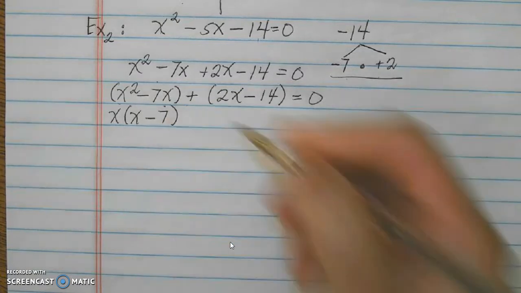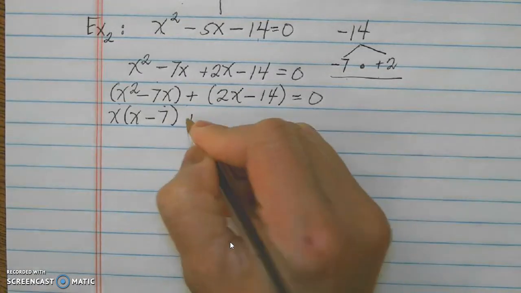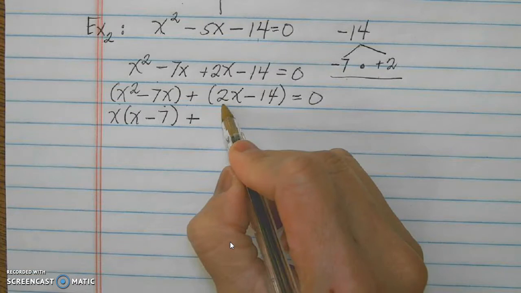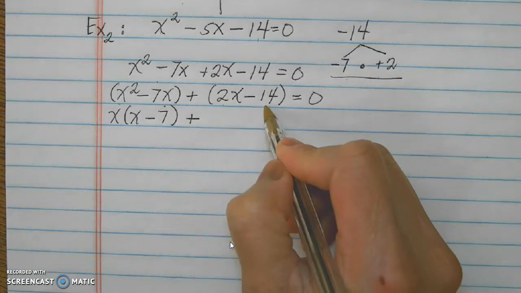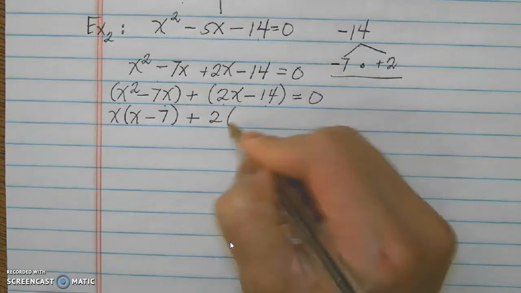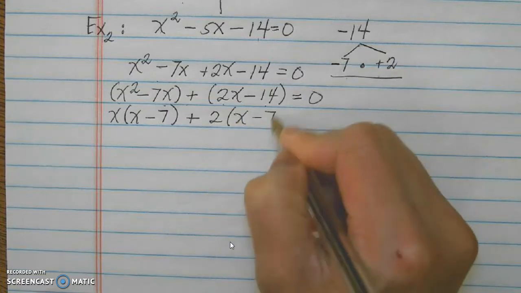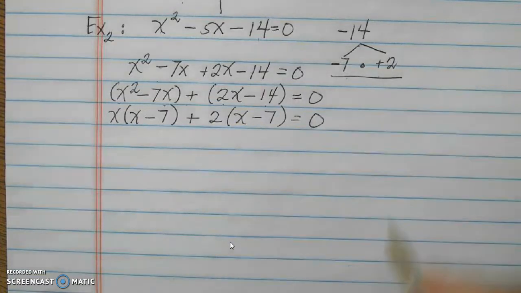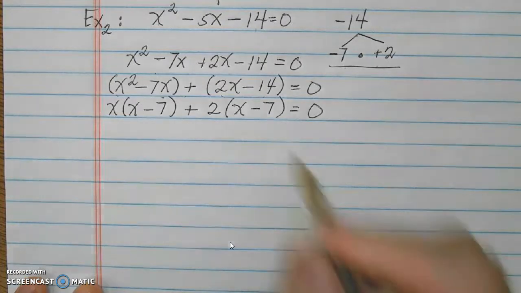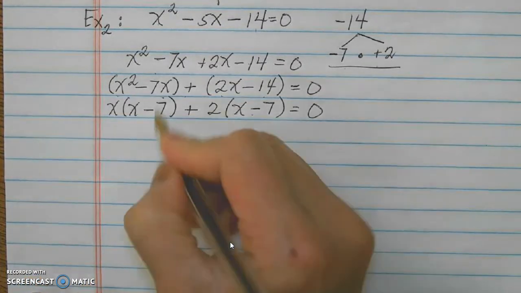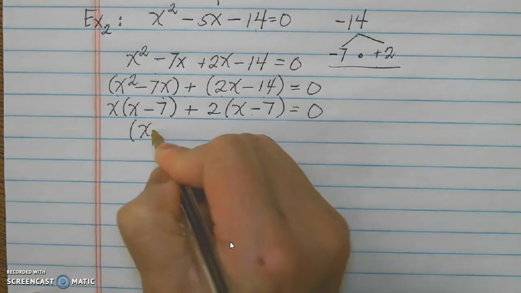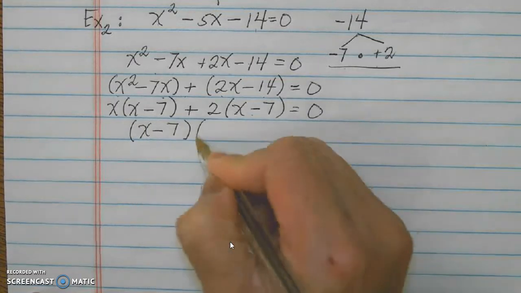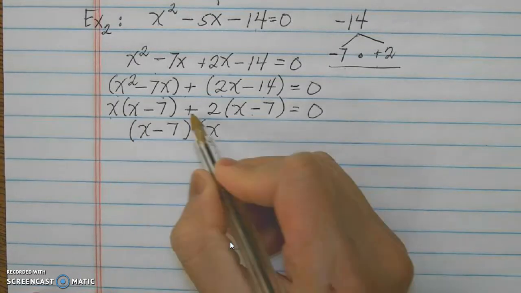X minus 7 is left inside, plus is copied down. The greatest common factor between 2x and negative 14 is 2. So x minus 7 remains. So now this 2 is going to be taken out, and we will have x minus 7 and parentheses x plus 2 equals 0.